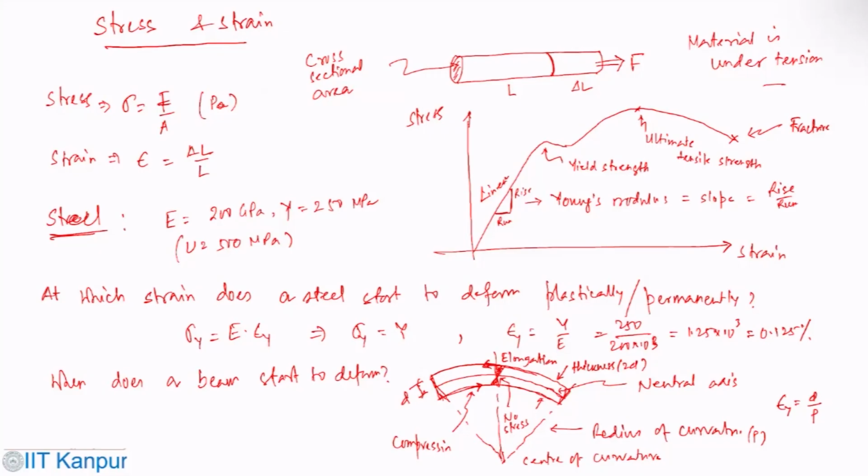So you can see in the beam situation that one surface would be under tension and the other surface under compression, and it depends on this radius of curvature.